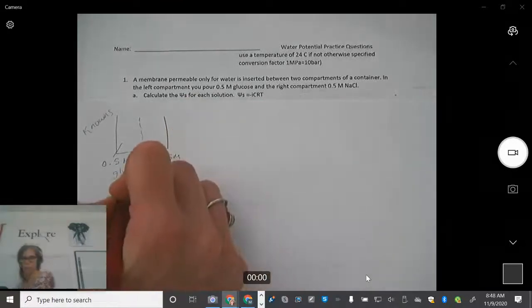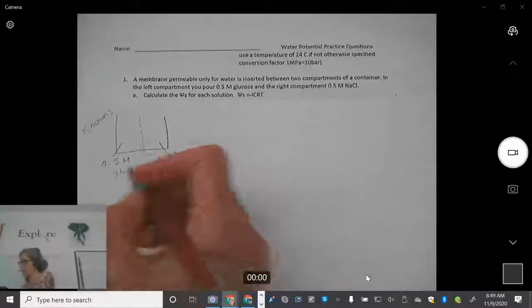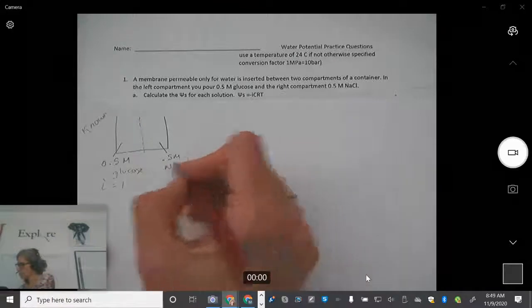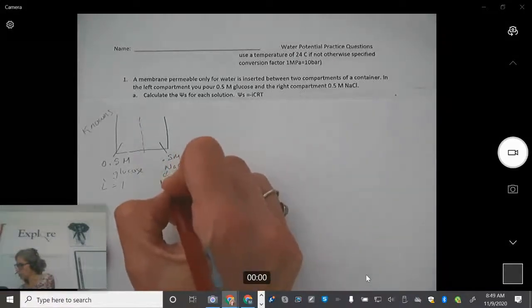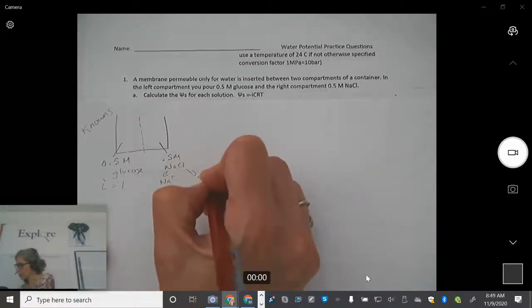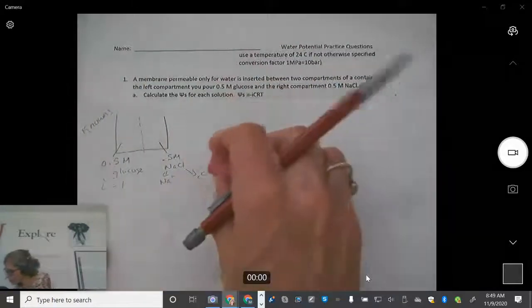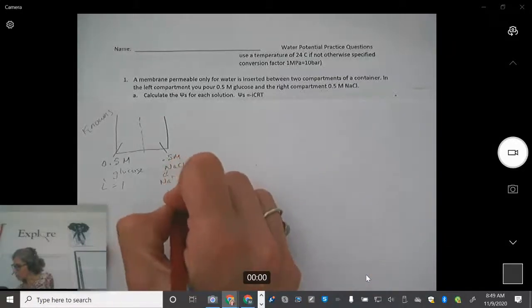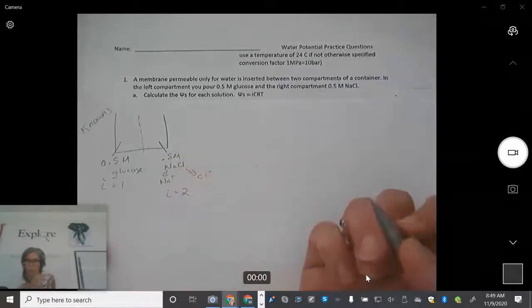Glucose doesn't ionize. Glucose is covalently bonded. It's going to have an ionization constant of 1, whereas sodium chloride does come apart in water. So you'll need to recognize what's ionic. A salt like sodium chloride will be ionic, and so that's going to have an ionization constant of 2.